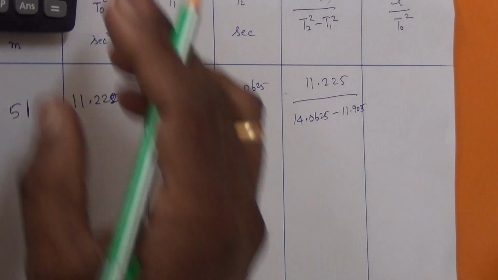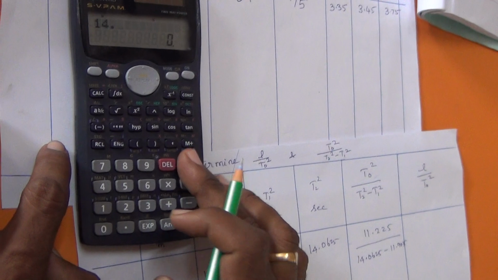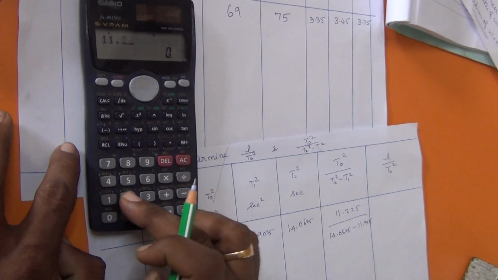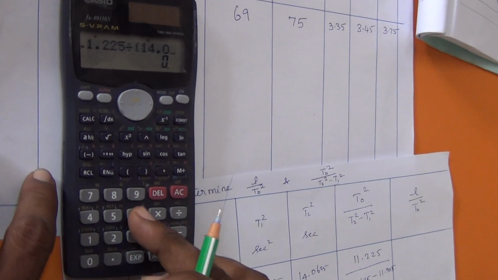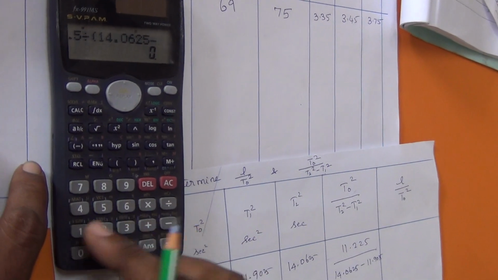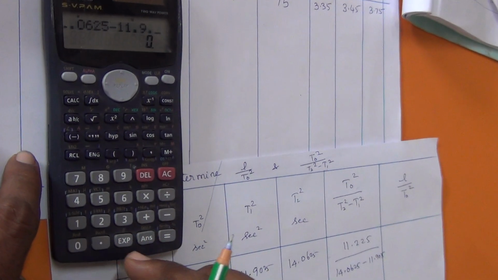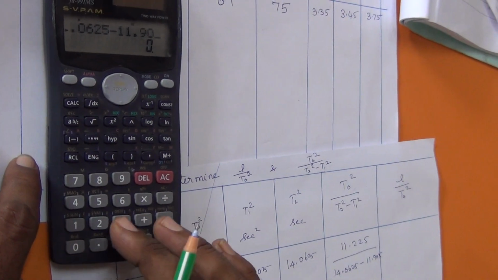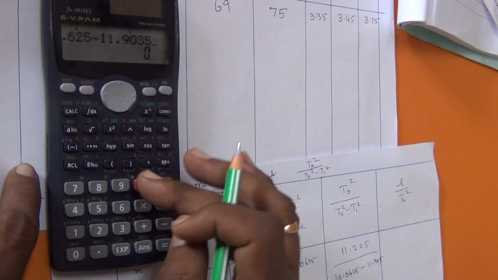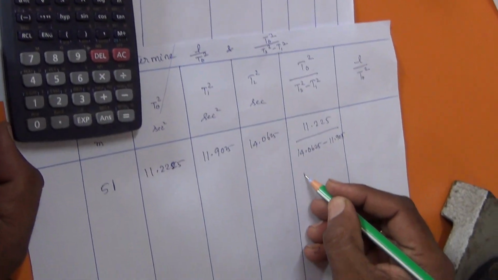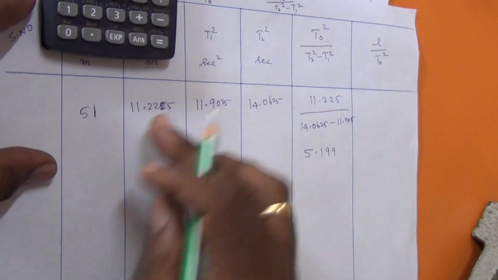Just put this in. So the value is 5.199.